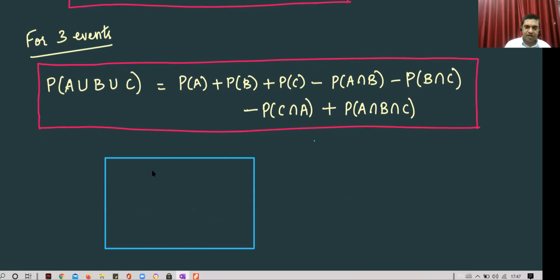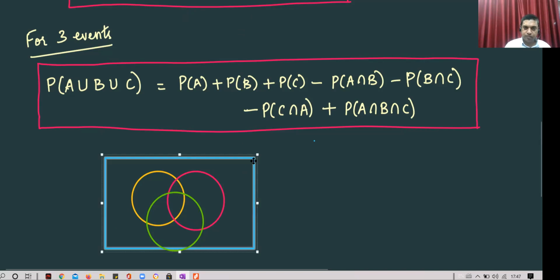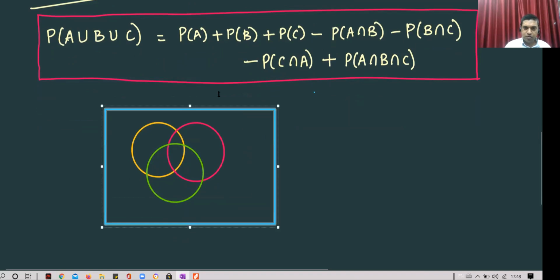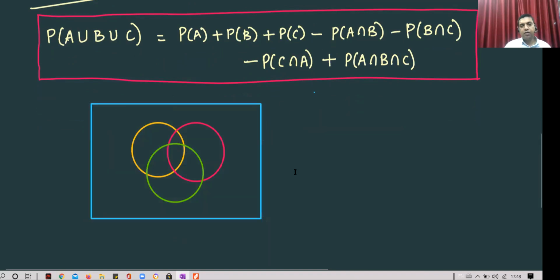This is A. This is B. And this is C. So there are three events, A, B, and C. For any of them to occur, A union B union C is the common region.